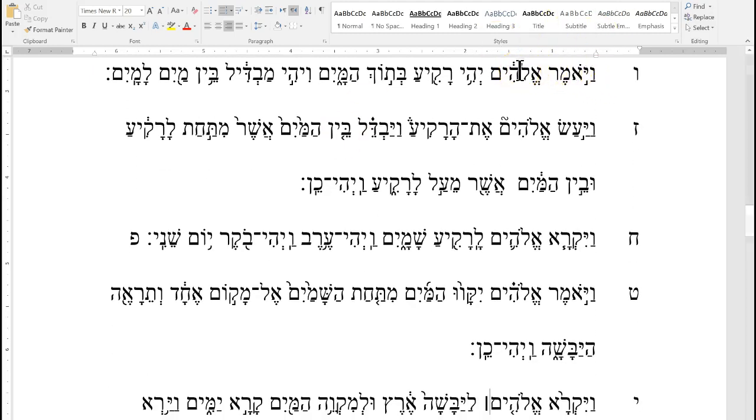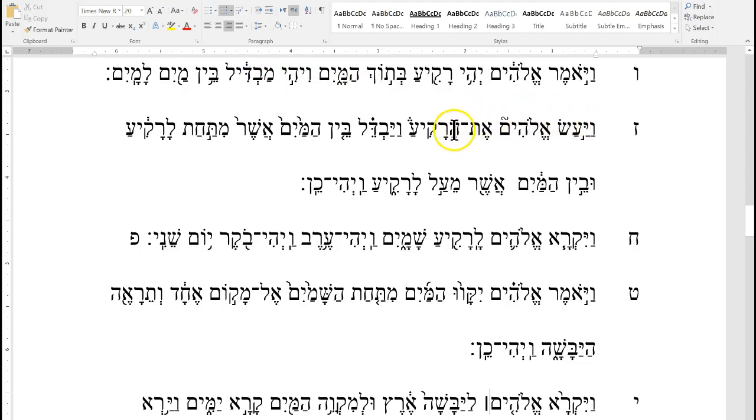Vayomer Elohim, and God said, Yehi rakia, let there be a rakia, betok hamayim, in the midst of the waters. Vayhi mavdil bein mayim lamayim, and let it be a thing, and this is a hifil participle, a thing causing a division between waters to waters. So whatever the rakia is, it's the thing that separates waters from waters.